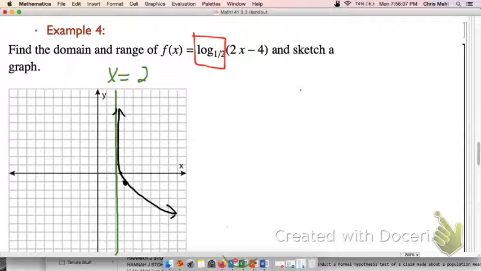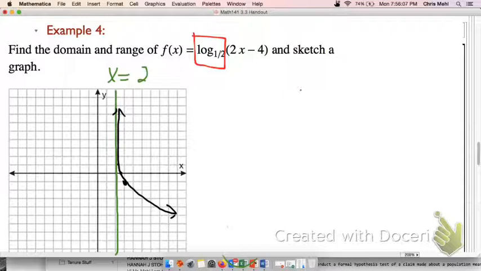But you could see that this function had no y-intercept and it had one x-intercept. And some of the questions on the homework might ask you to graph a transformation of a logarithmic function, and one thing you can do is always find the x-intercept and the y-intercept.